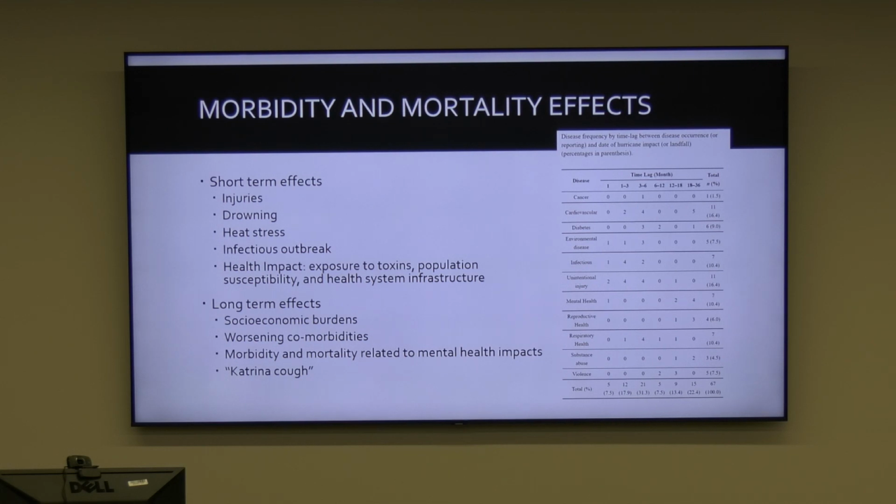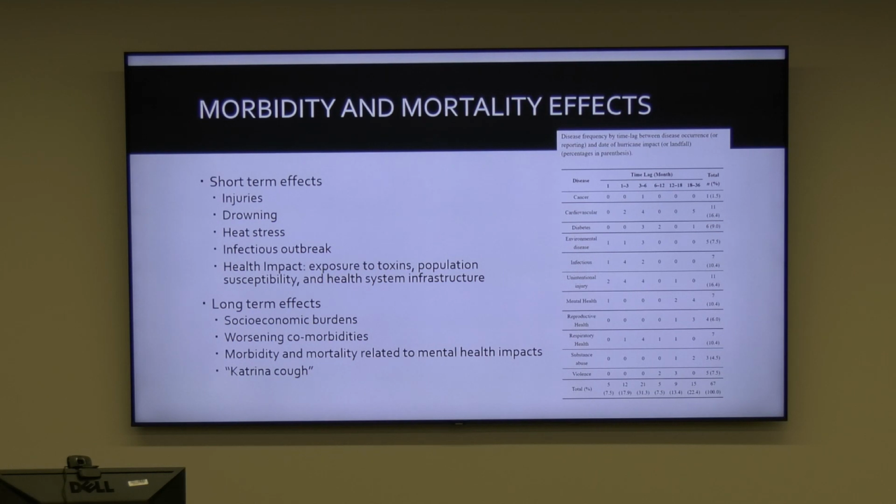So, a little bit about morbidity and mortality effects. The common short-term effects of hurricanes are injuries, drowning, heat stress, infectious outbreak, and health impacts, which include exposure to toxins, population susceptibility, and healthcare system infrastructures. On this table here, right next to the text, it talks about the diseases that were impacted due to the hurricane, and then the time lag that was associated with those things.